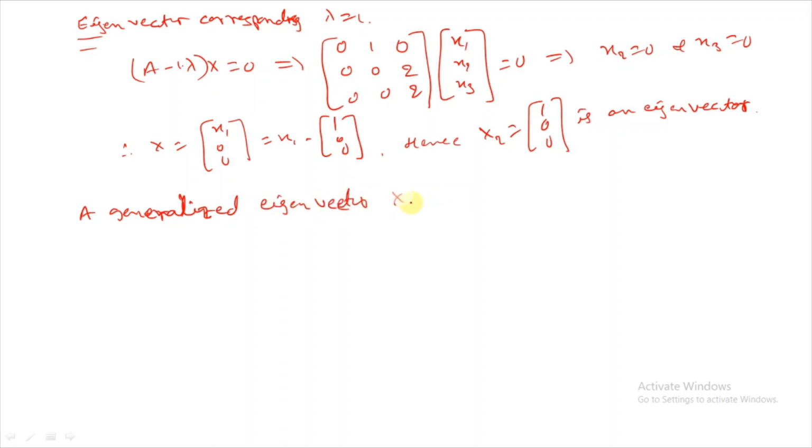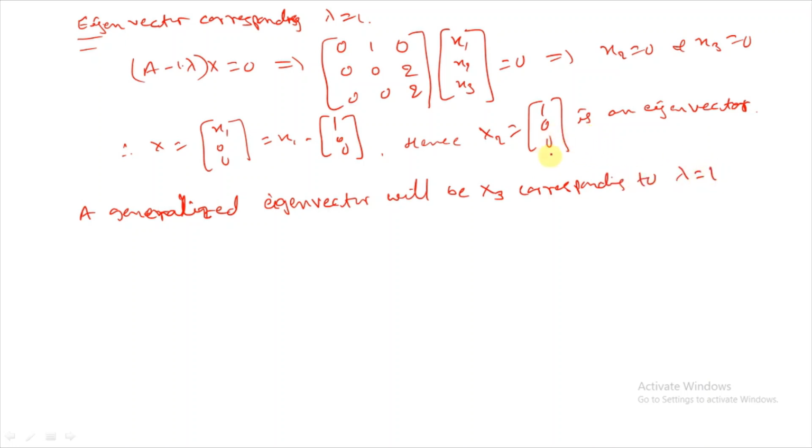A generalized eigenvector x3 corresponding to the same eigenvalue, because it has algebraic multiplicity.